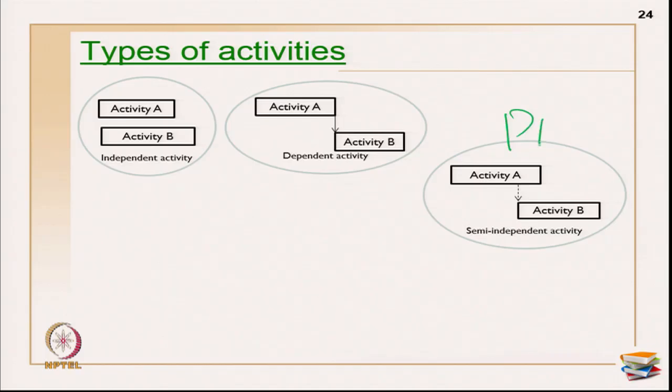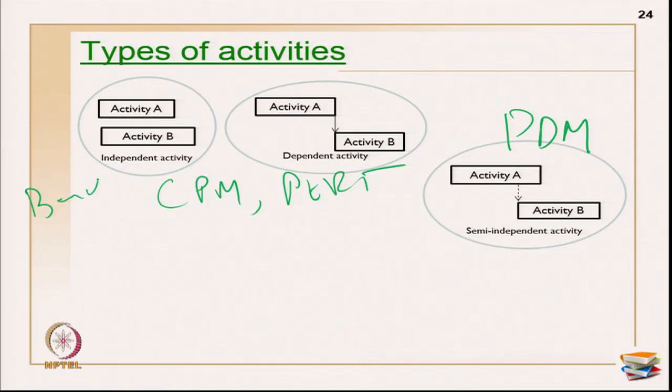If you are ready to pass on any information or you are ready to start your work any time in the midway of your previous predecessor, then you can use a relationship called semi-independent activities. Okay, your PDM can really represent these semi-independent activities. For this you can use CPM, you can use PERT or you can use bar charts. So, all these are helpful for that.